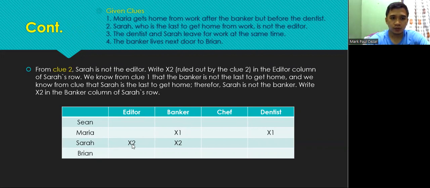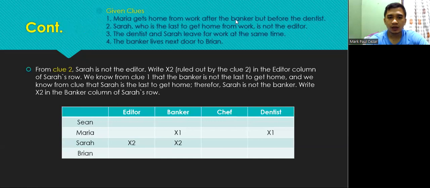And we know from clue 1 that the banker is not the last to get home. Here in clue 2, Sarah is the last to get home. It is a given fact that since Sarah is the last one to get home, and we know from clue 1 that the banker is not the last one to get home, because from clue 1, Maria gets home from work after the banker but before the dentist.